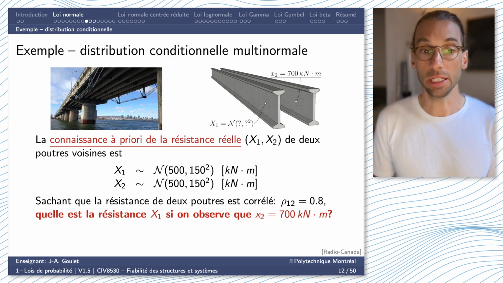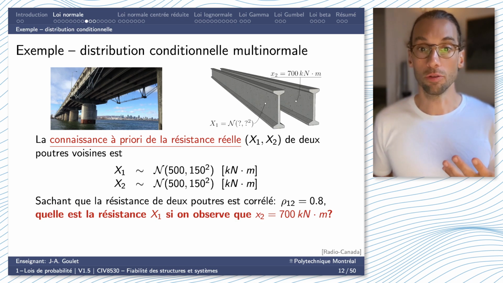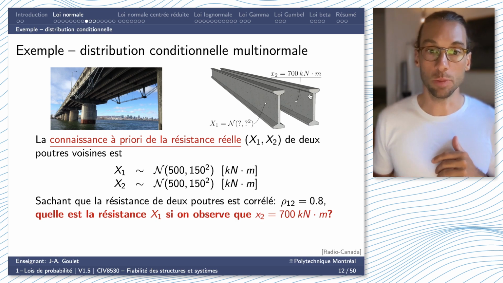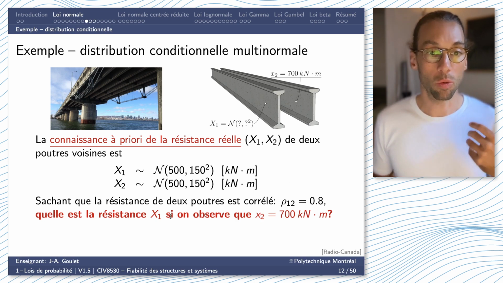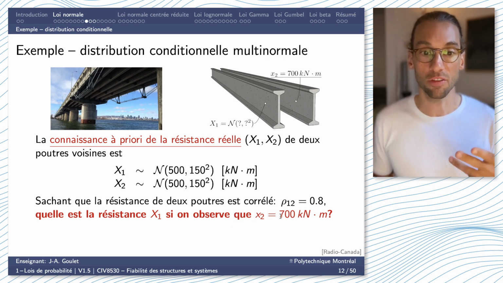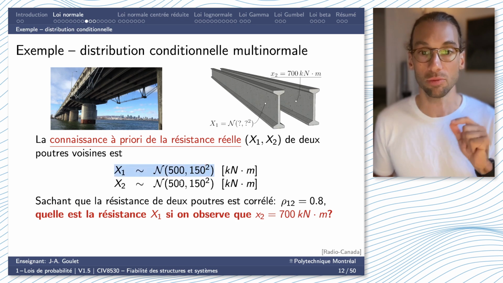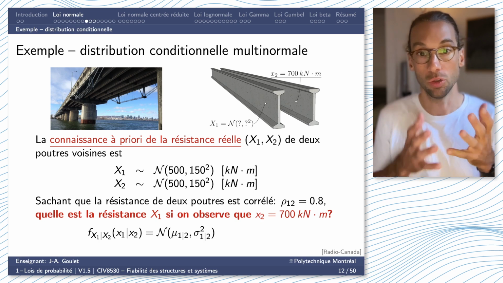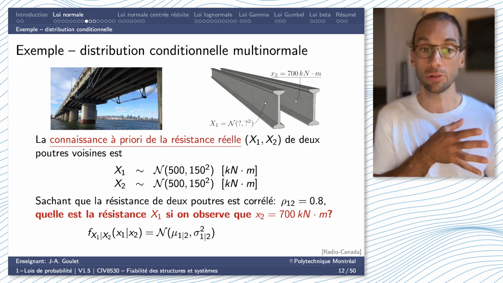So the question is, if I go in the lab, test one of these beams, and observe that beam 2 has a strength or resistance of 700 kilonewton meter, how does it change my knowledge for x1? To answer this question, we can use the Gaussian conditional.